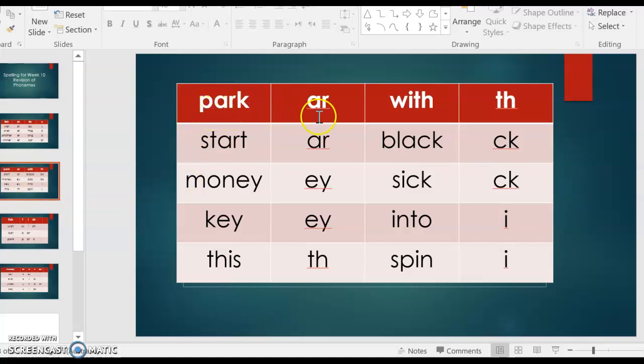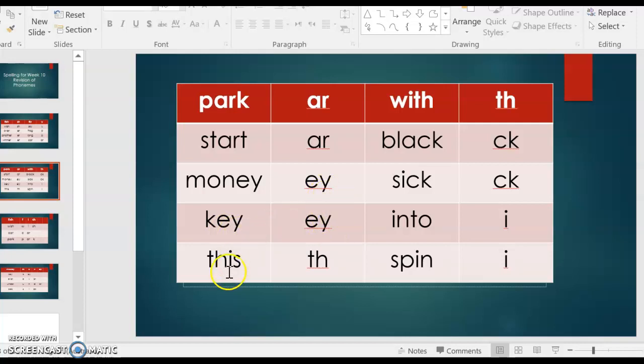Park. The digraph here is also AR. So the AR says park. Start. Another AR word, start. And we'll change it. Money. And the digraph is EY that we were concentrating on. Money and key. They both have the EY in them.